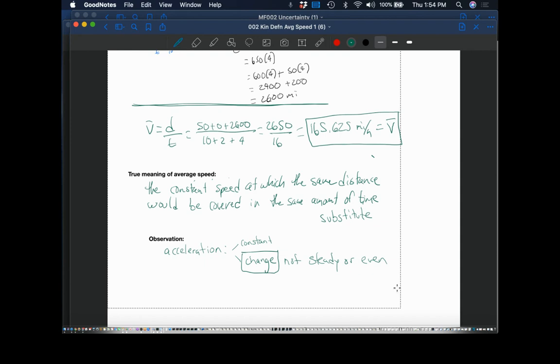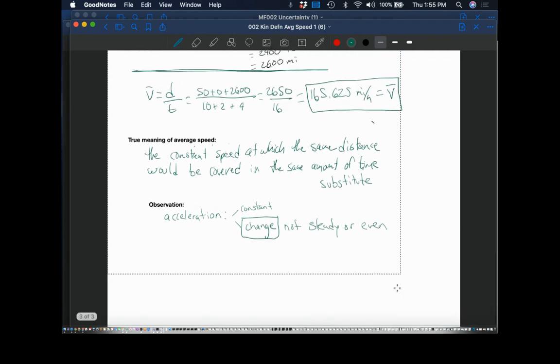So in this situation, we used average speed formula number 1, and we were able to find a reasonable solution to this, and interpret what it means for us. But I'll do one other thing. I'd like to do a check.